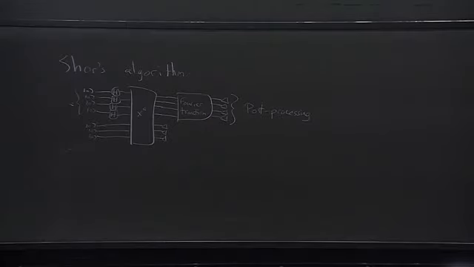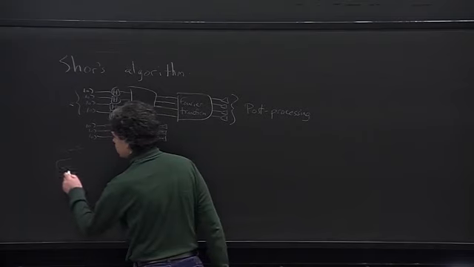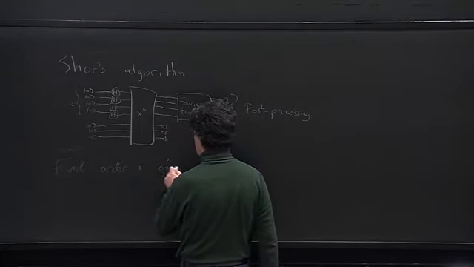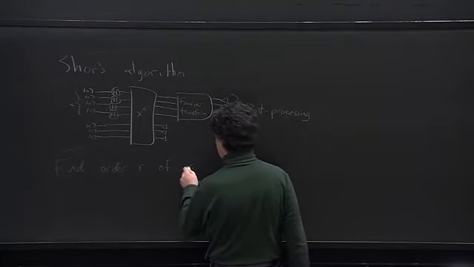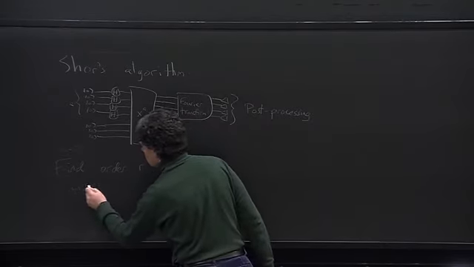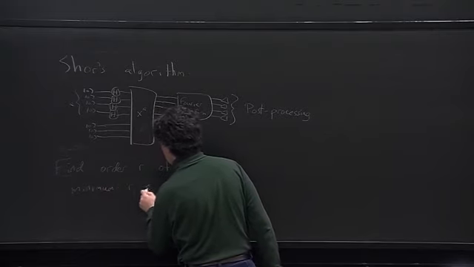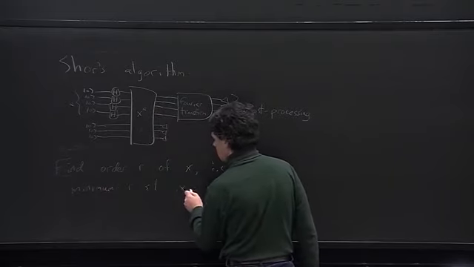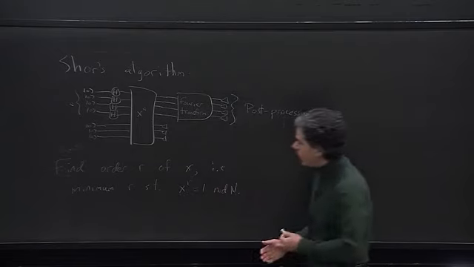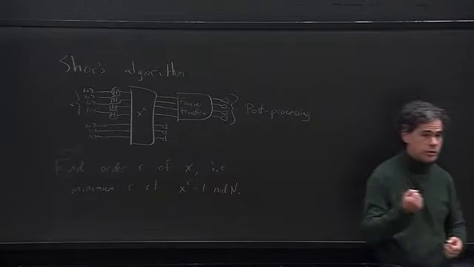And you remember also the analysis that we did yesterday was specialized to the unrealistic case where the period... what we're supposed to do is find the minimum r such that x to the r is equal to 1, right?